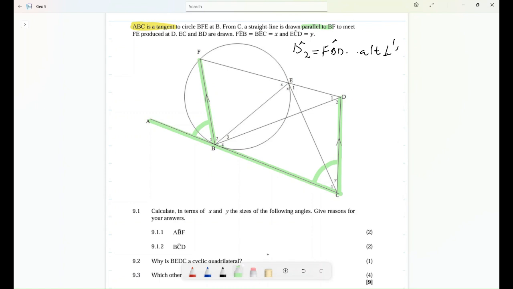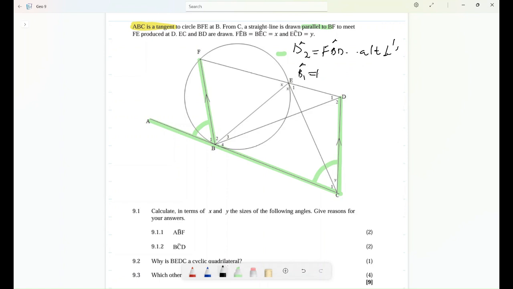We all agree? Yes. Now I'm coming back and saying another second point I have seen is that angle B1 is equal to angle DCB, or B angle CD, however this is written.